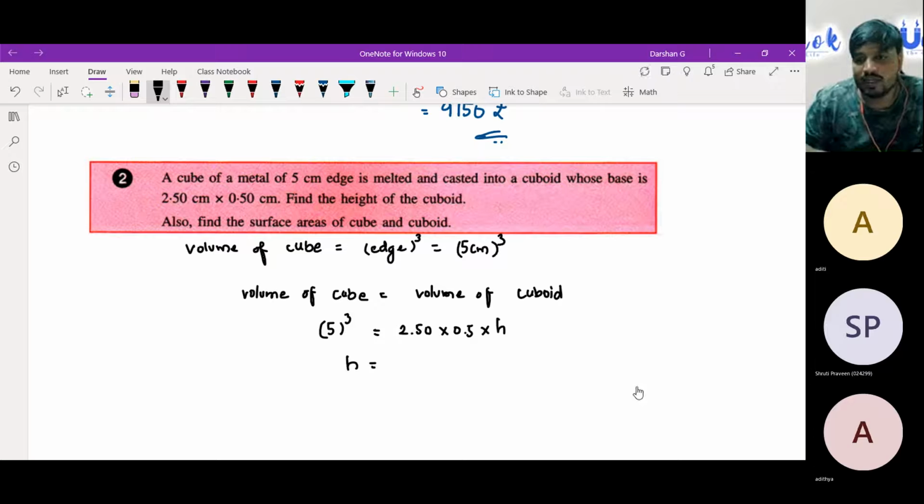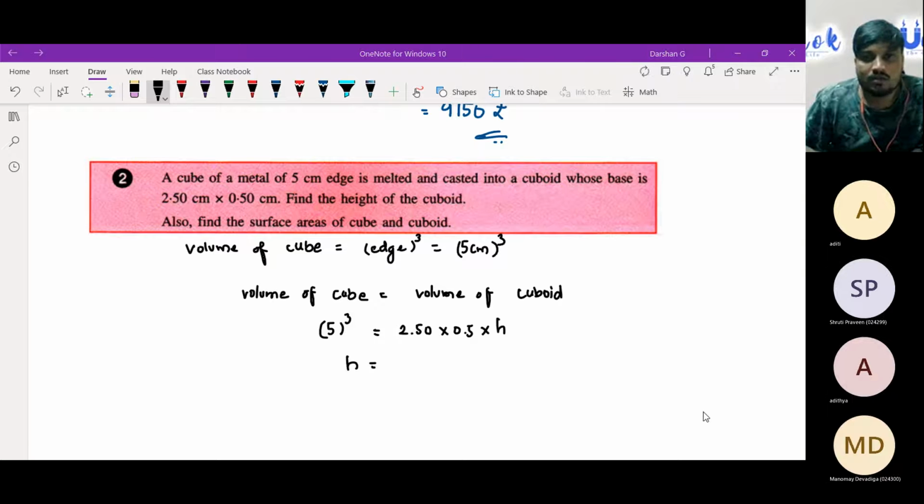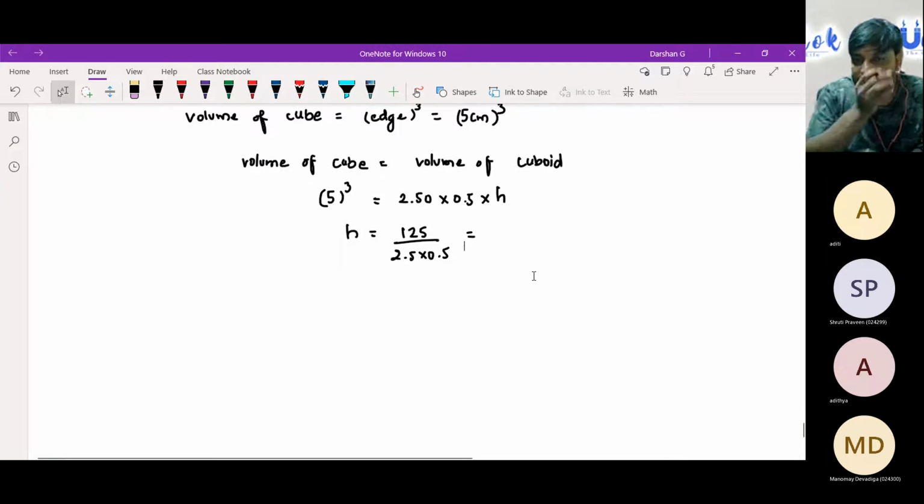So 5 cube. What is 5 cube? Shruti? 125. Correct. 125 divided by, we are doing 2.5 times 0.5. Try and do this and tell me the answer. Once you get this answer, please let me know.